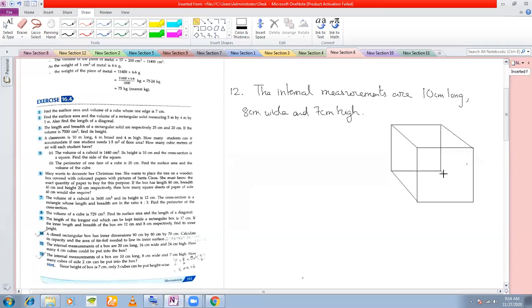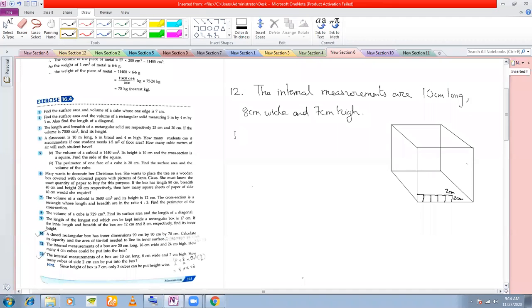How many cubes of size 2 centimeter can you keep in this box? So what you do is you line these with certain cubes here. You keep these cubes here, right? And what is the length of each edge of each cube? 2 centimeter, right?